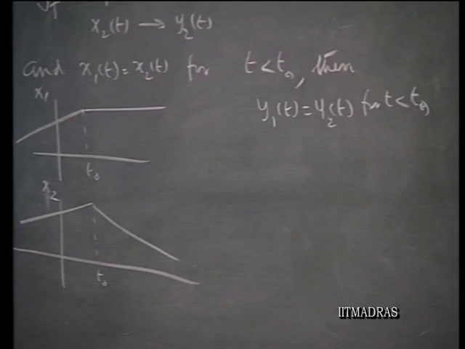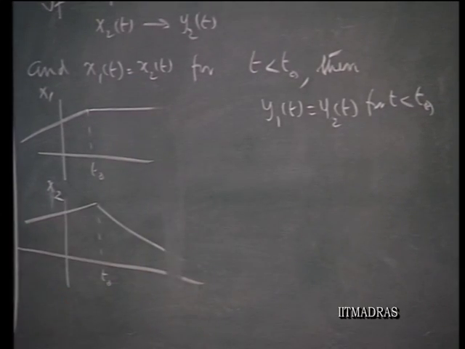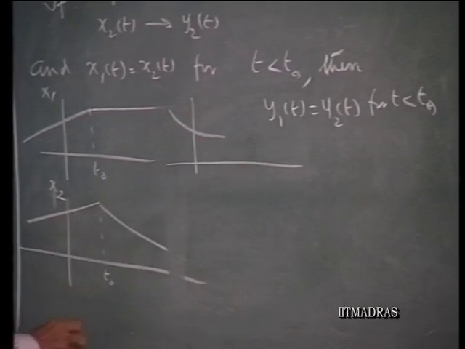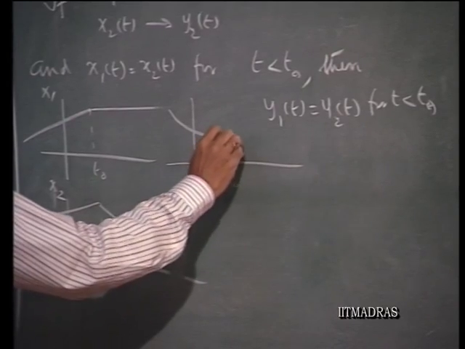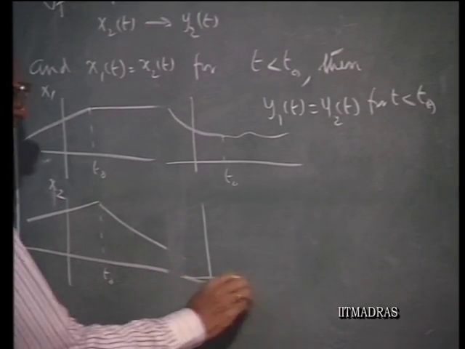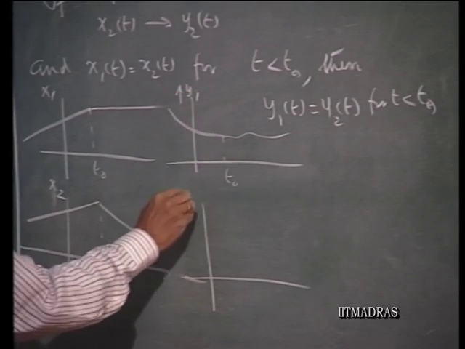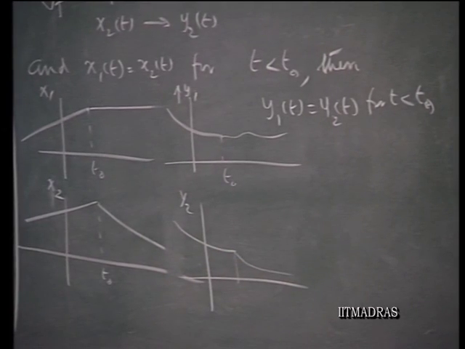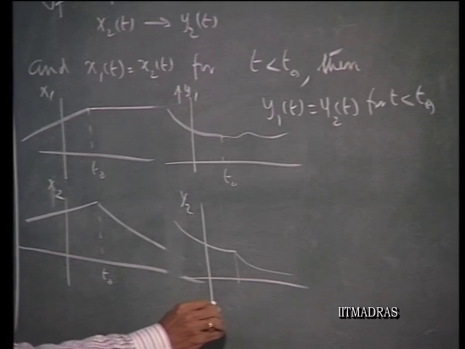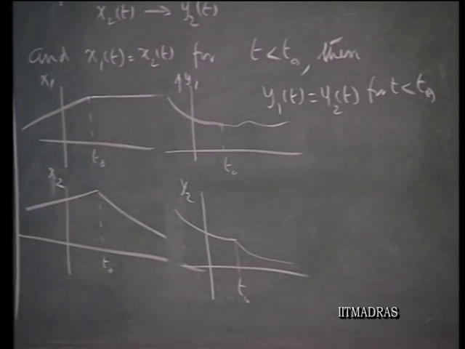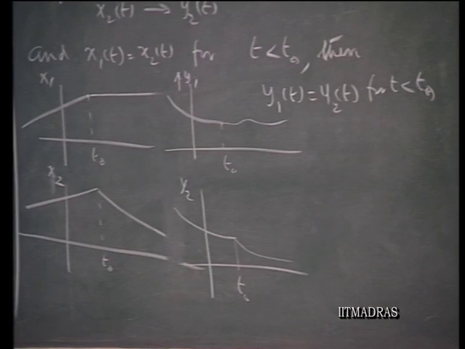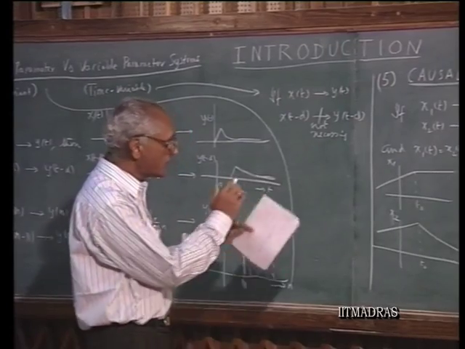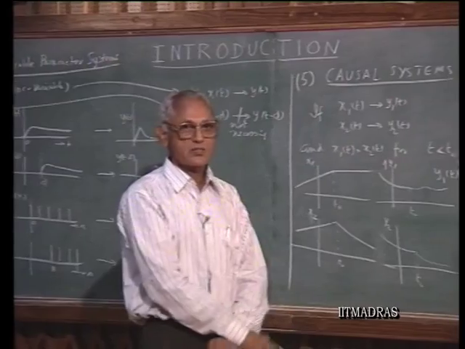So the corresponding outputs here, if y1 had some output like this up to t naught and afterwards maybe it goes like this, we can say that y2 also will have the same response maybe from here onwards. That means up to the point t naught, the inputs are the same, the outputs will be the same. Such systems are said to be causal systems. Now, this is the general definition of a causal system.